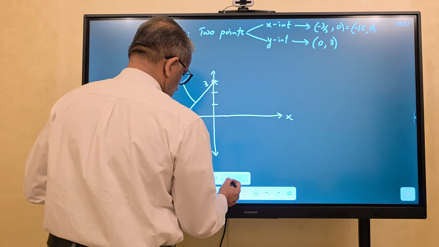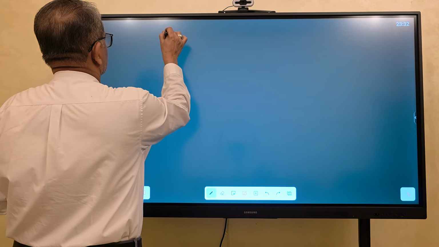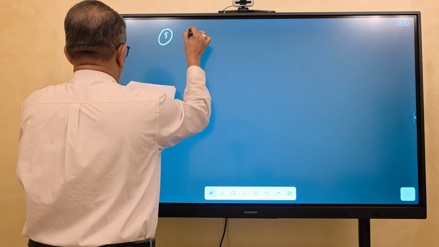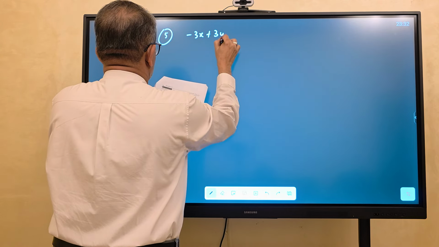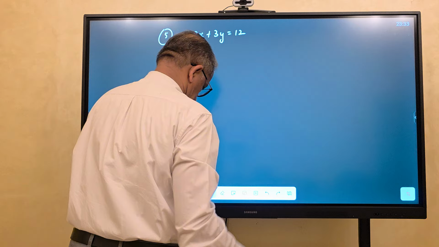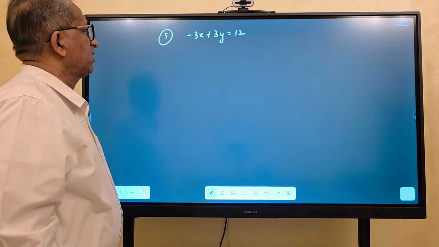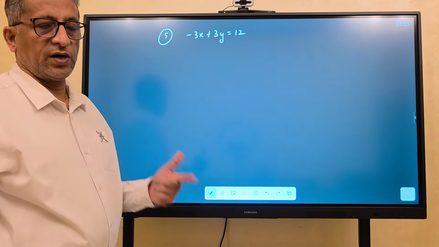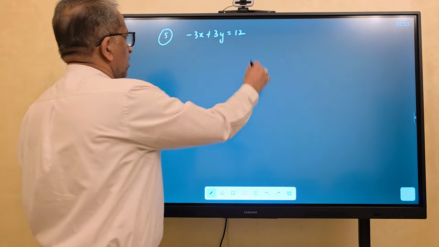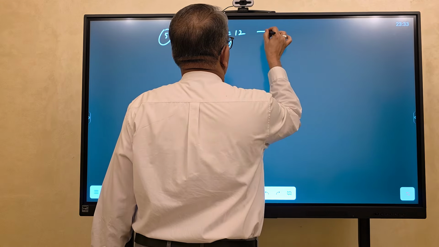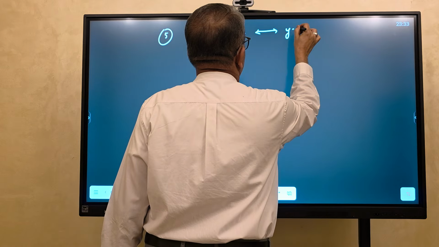Let's do question number 5. Minus 3x plus 2y equal to 12. The question is the same. Find slope, y-intercept, x-intercept, and then graph. But here, I cannot compare with this.